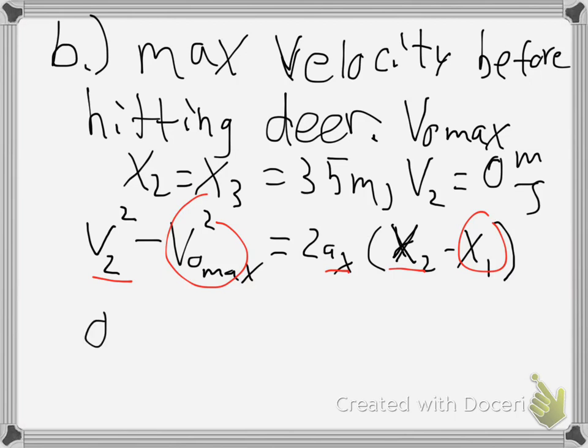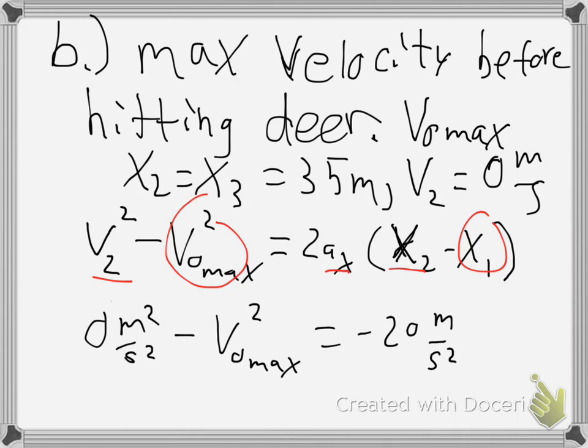V2 is 0, so I'll just write it for this step and then forget about it. And this will be minus 20 meters per second squared, and then x2 is 35 meters minus x1. Now we need to find what x1 is.